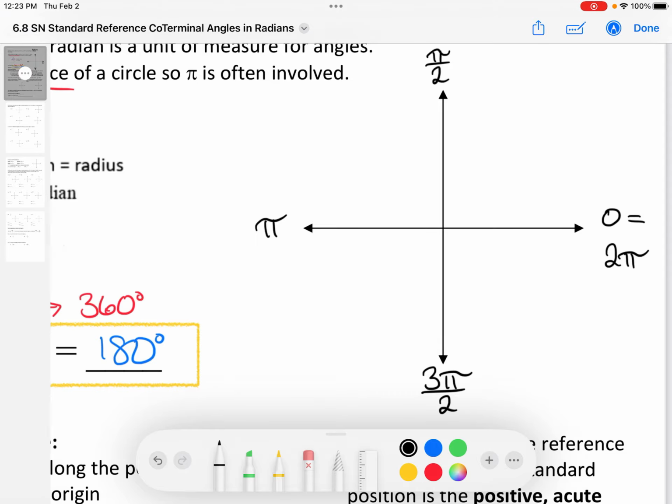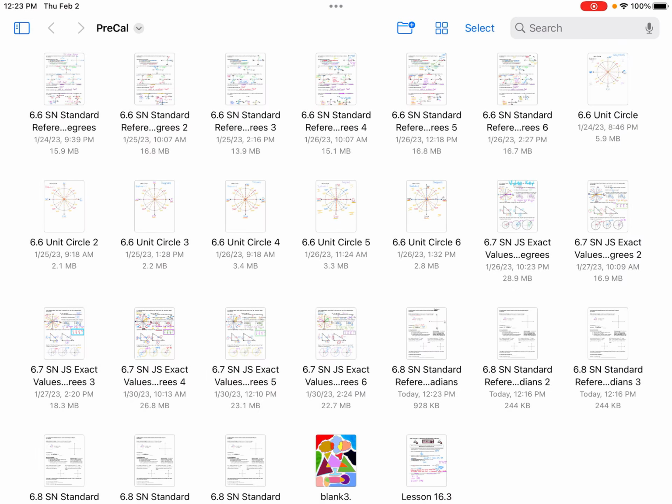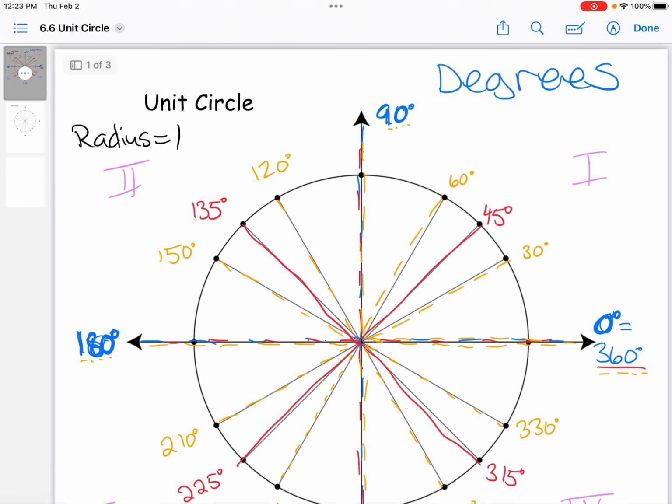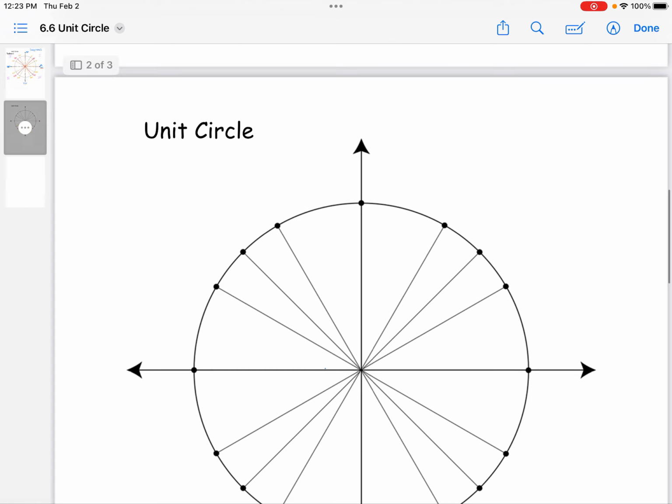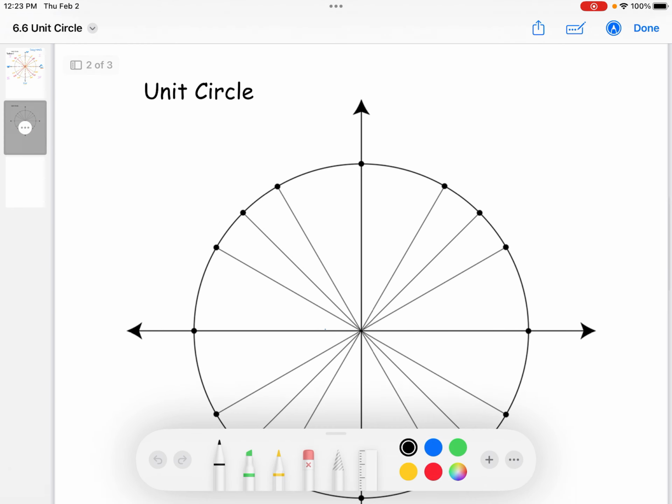Now, let's go to our unit circle and let's label some more on it. We did degrees, okay? Backside is blank. It's for radians. So here, we're going to label this side in radians.